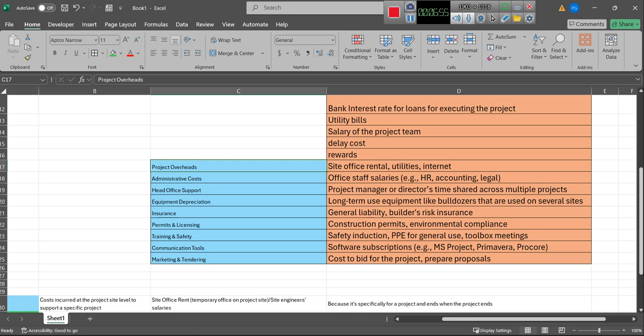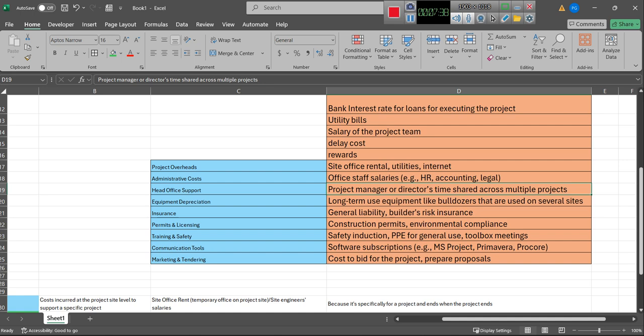Administrative costs are office staff salaries, for example HR, accounting, legal, lawyers, head office support, and a project manager's or director's time shared across multiple projects. Sometimes a project manager or senior project manager spends hours in one project and hours in the other project, so it gets complicated. In that case, you can pay that fund monthly to every project and consider it an indirect cost, and then the calculation will be easier.